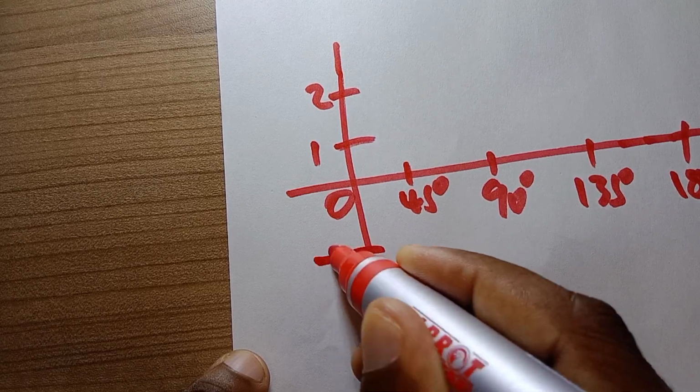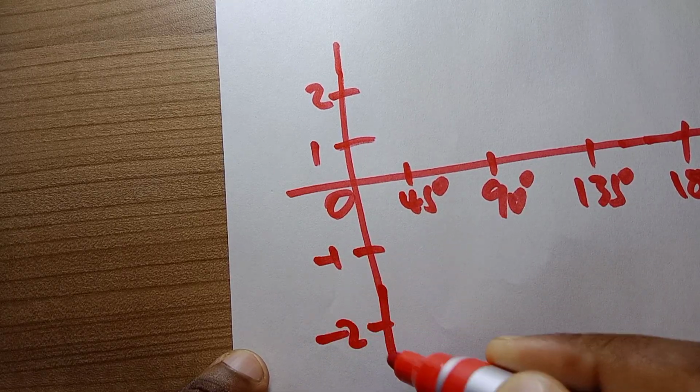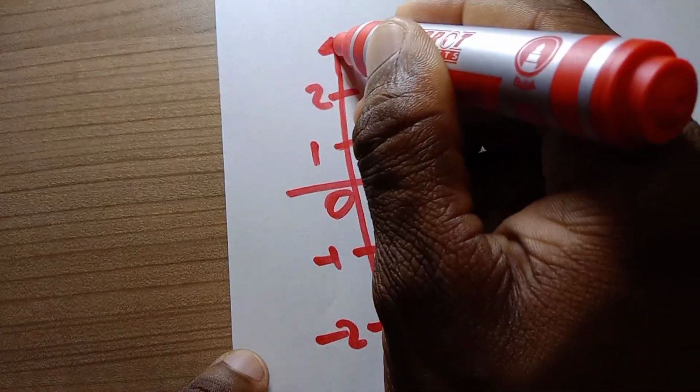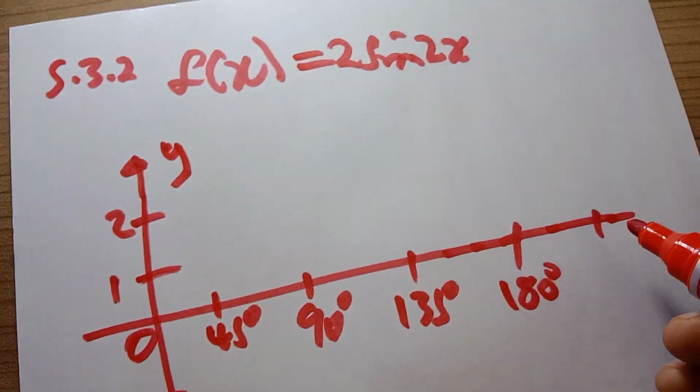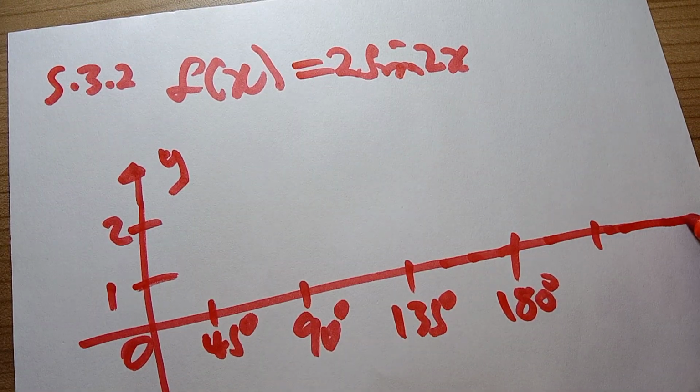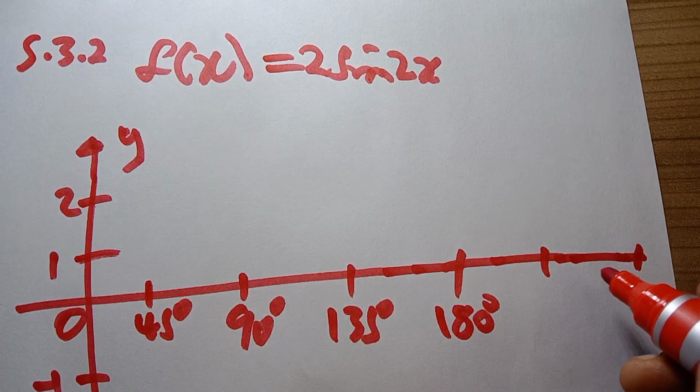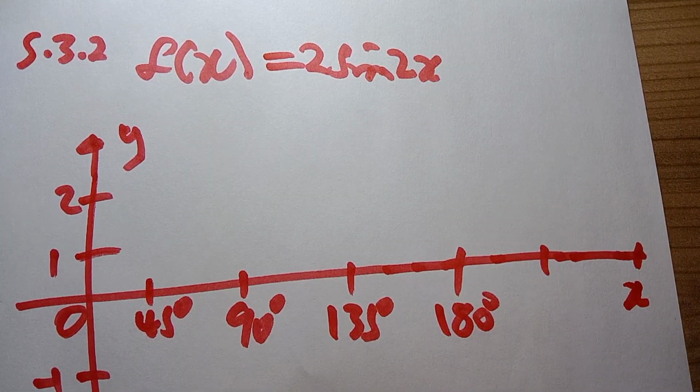Then here we're going to have 1, 2, and here -1, -2. Here we are having our y values, and here we should have the x values.